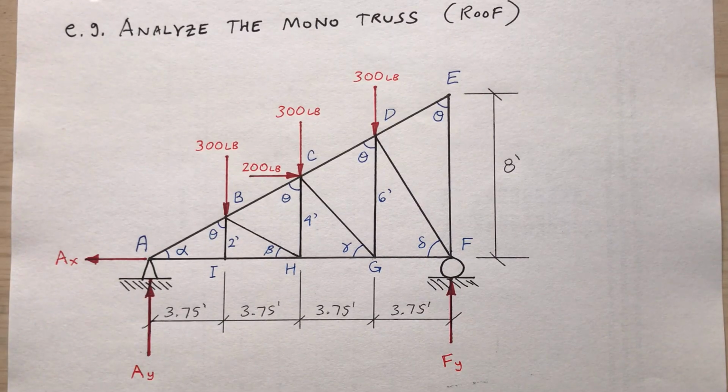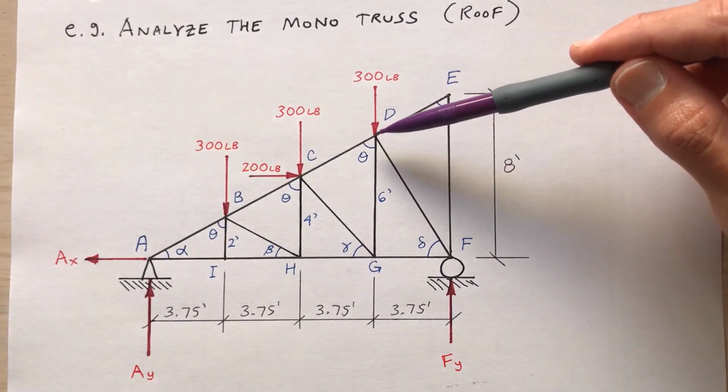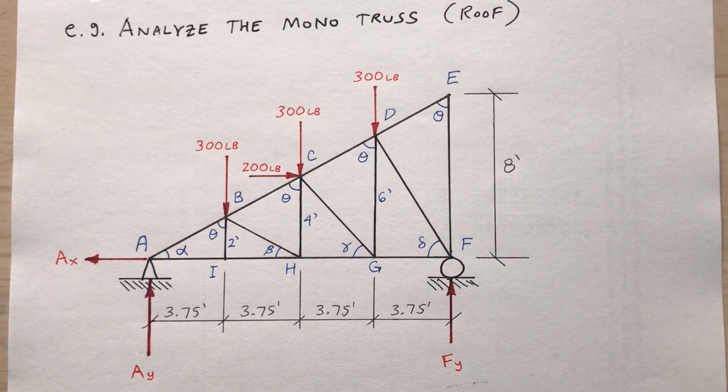For example, I cannot start at joint D because I've got 1, 2, 3, 4 bars that feed into joint D. It's too many unknowns. So I have to start at a joint at which there are only 2 unknowns. So in just a minute, I'm going to calculate the external reactions, A sub x and A sub y and F sub y. And once I do that, then I'll be able to start my analysis at joint A.